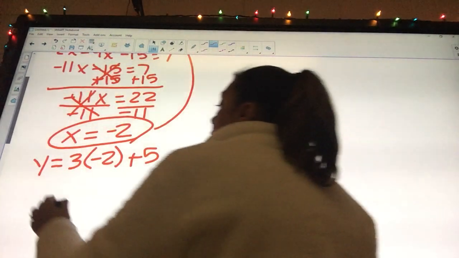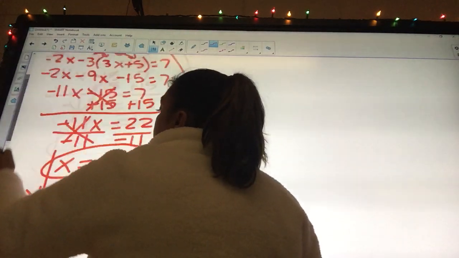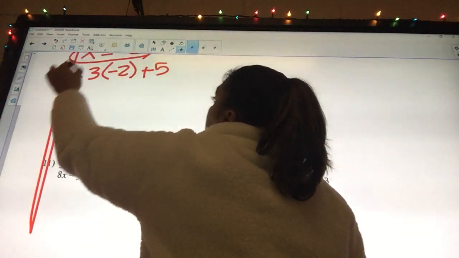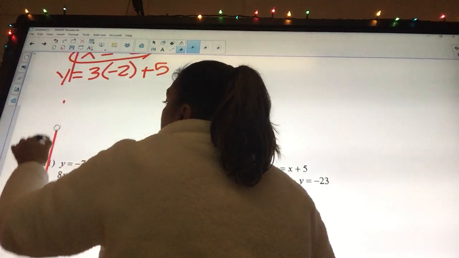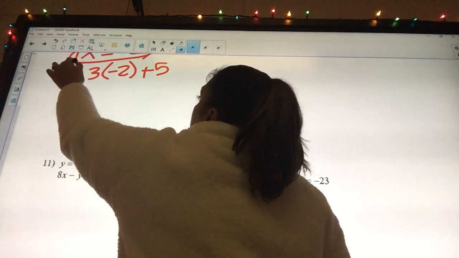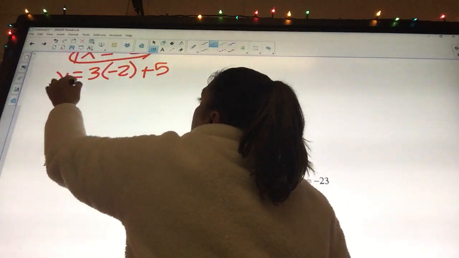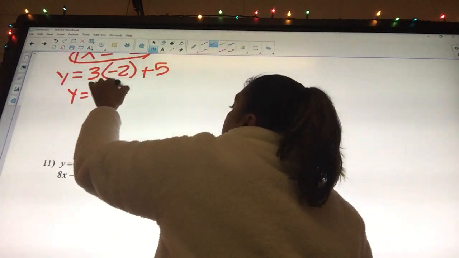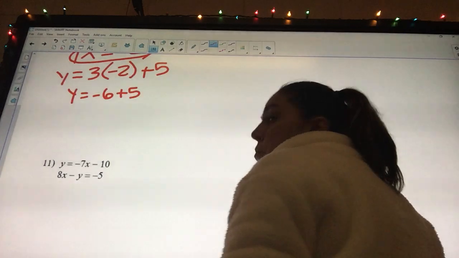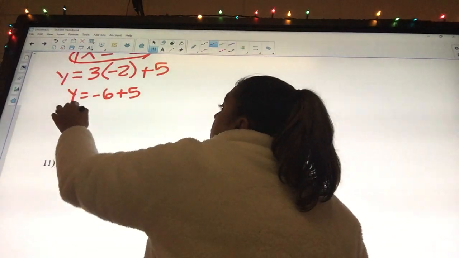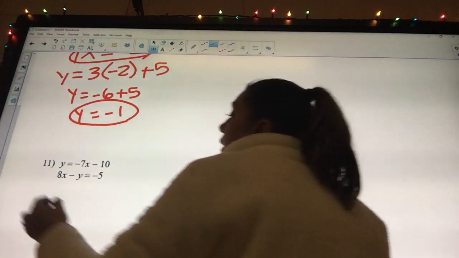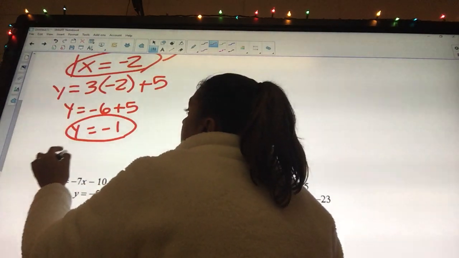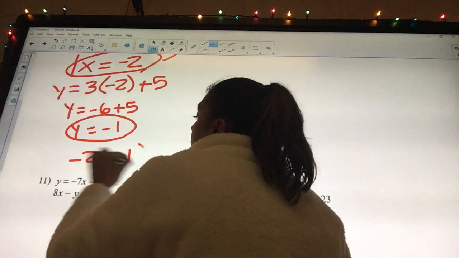Okay, which is going to be y equals negative 6 plus 5. Which is going to be y equals negative 1. Okay, so we can write these as a coordinate, and it's going to be negative 2, negative 1.